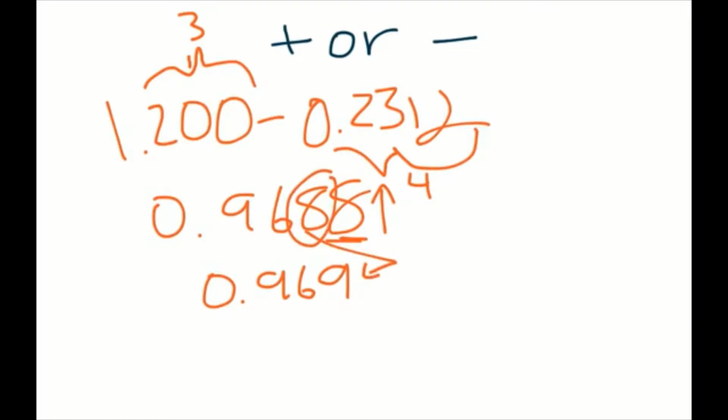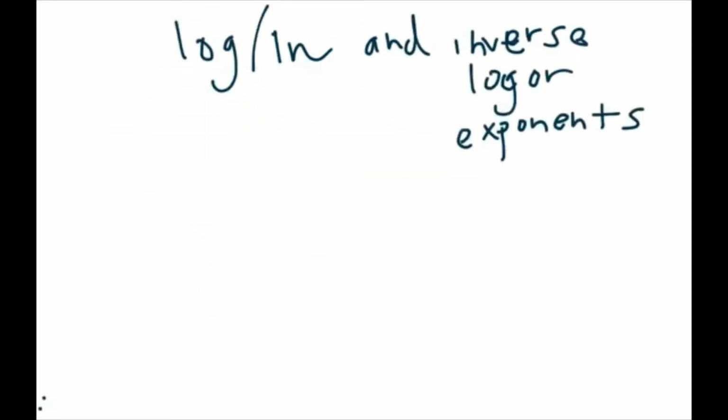Now, the next topic might be advanced for some people, because if you've never seen a logarithm in your life, you'll have no idea what I'm talking about. So I recommend you watch some videos about logarithms and anti-logarithms, or exponents, if you don't know anything about them.